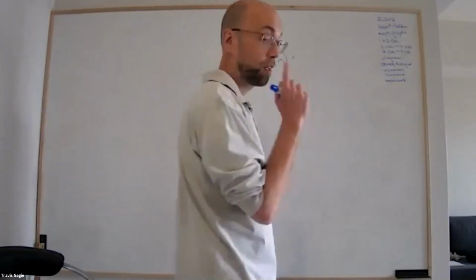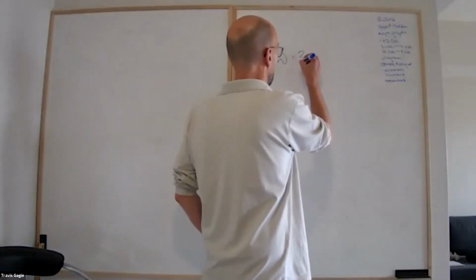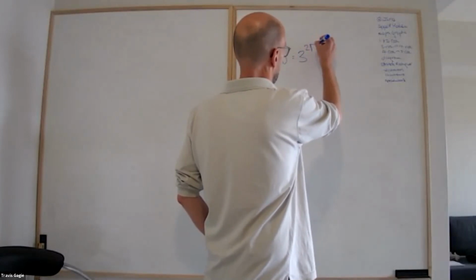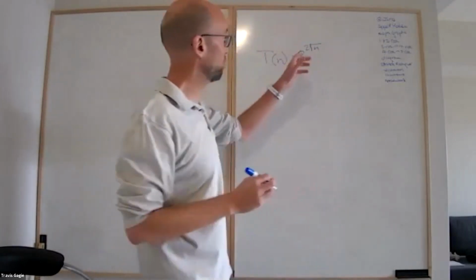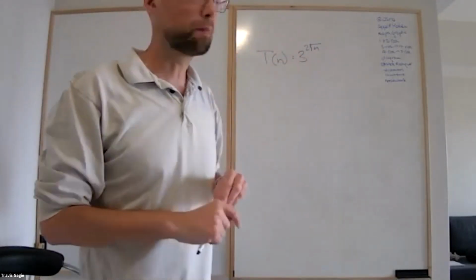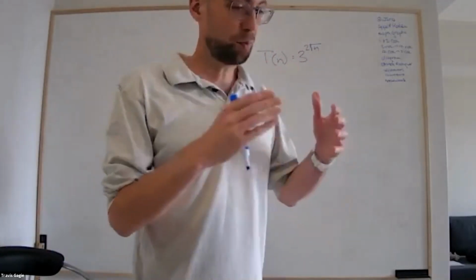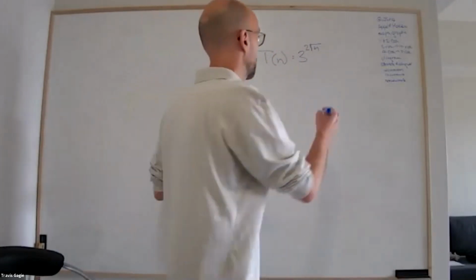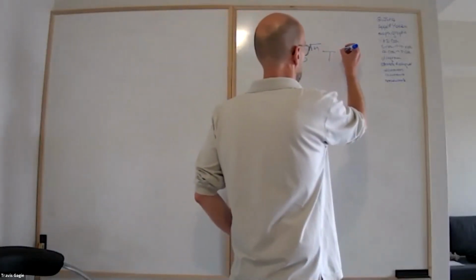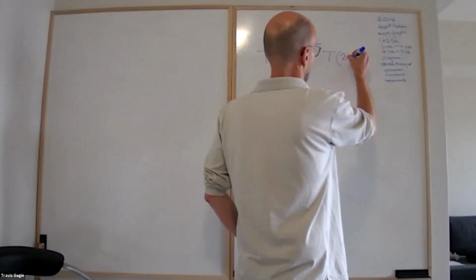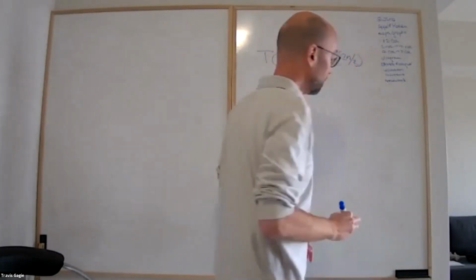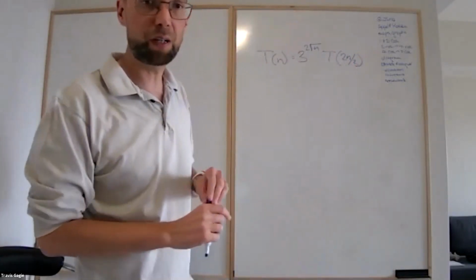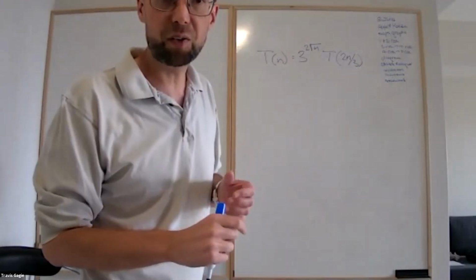We don't have that. So for each separator you've got about 3 to the 2 root n colorings, then it splits the graph into 2 pieces, each at most 2n over 3. So we're going to say this is about T of 2n over 3, which is just an upper bound. This is in the notes.